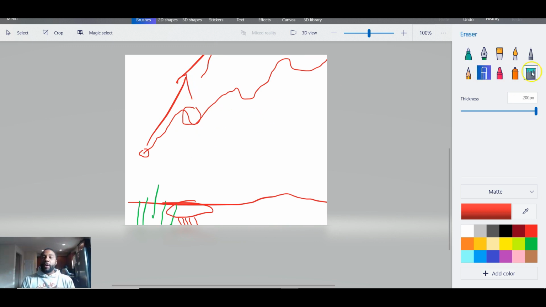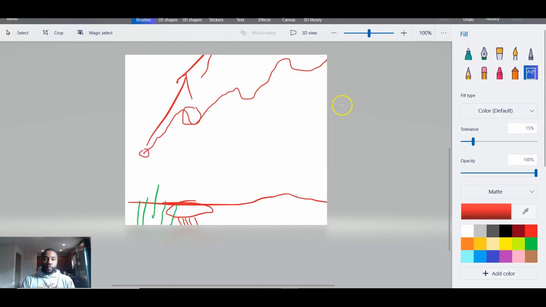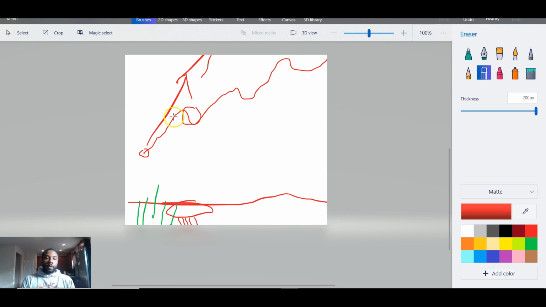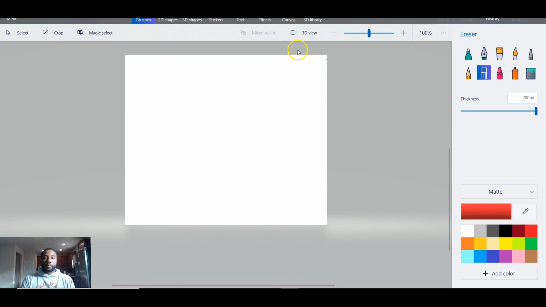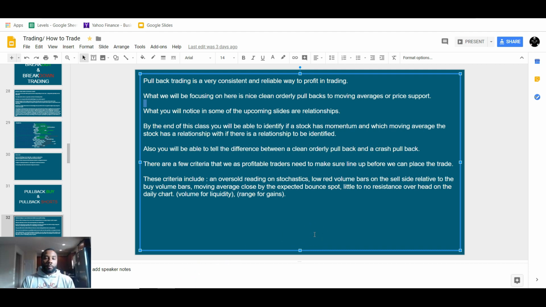This birdie can fly anywhere it wants, right? So we want that little to no overhead resistance on the daily chart, so our birdie can fly free and we can really lock in these gains.